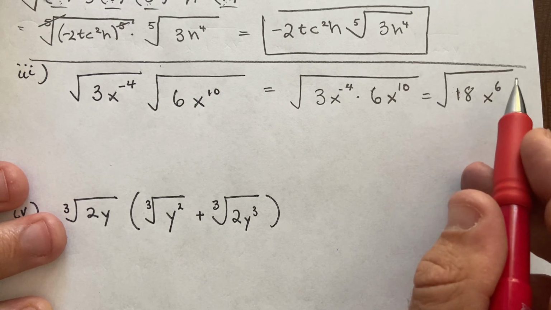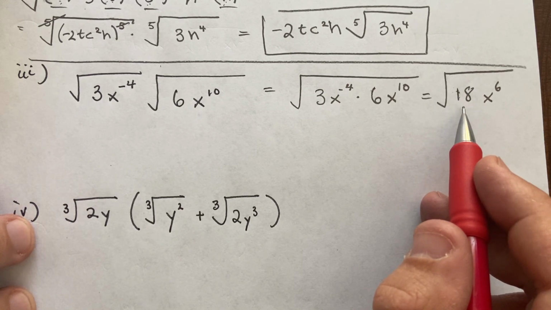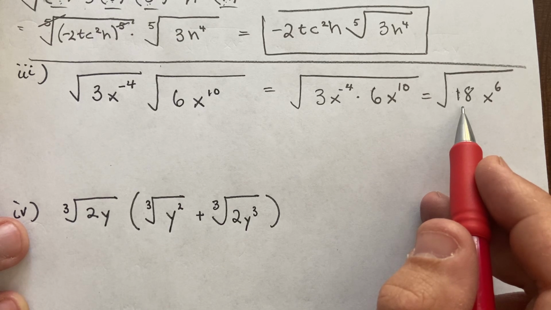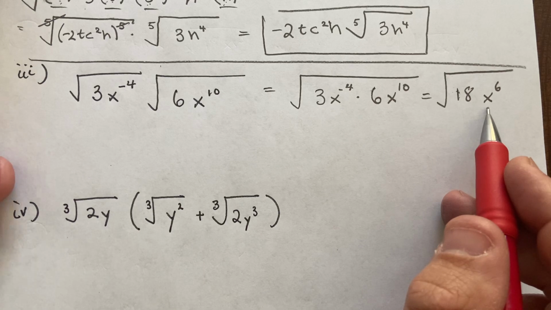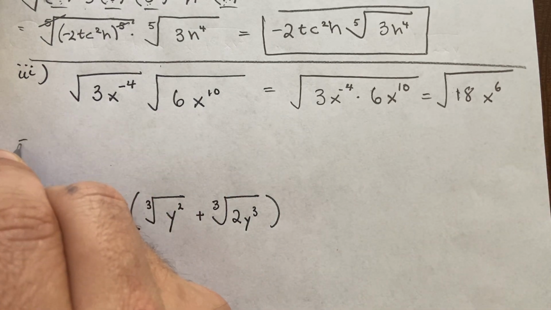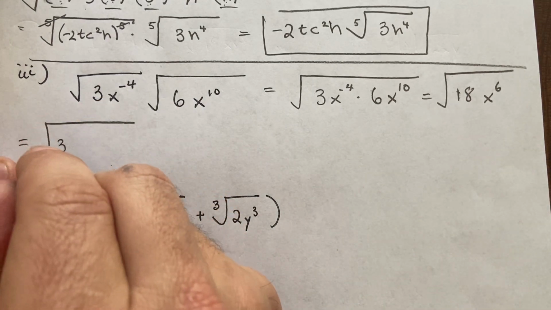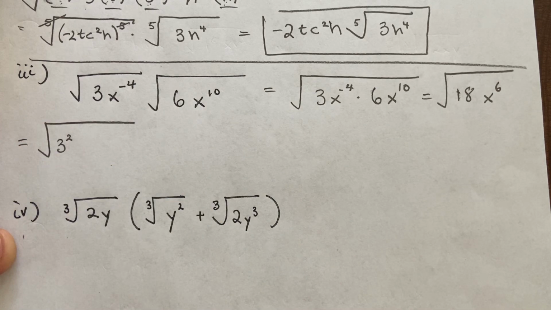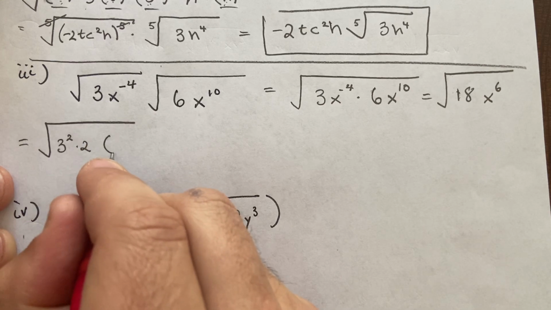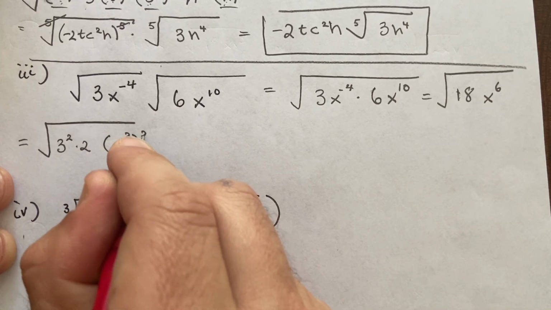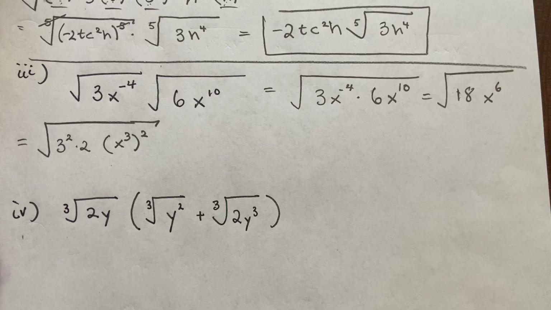And now I'm trying to simplify this thing. Inside of 18, I have a perfect square of 9. Inside of x to the 6th, I have a perfect square of x cubed. So simplifying those, I have the square root of 3 squared times 2. This is the 18. And then times x cubed squared. This is the x to the 6th.